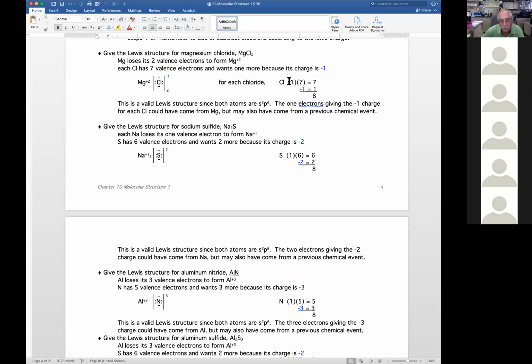Chlorine is in group 7, so it came with 7 of its own. That -1 means it got 1 from somewhere else, most likely the magnesium. That gives us a total of 8 dots on the chloride ion: 2, 4, 6, 8. Magnesium is happy because it's now s2p6. Chlorine is happy because it's now s2p6.